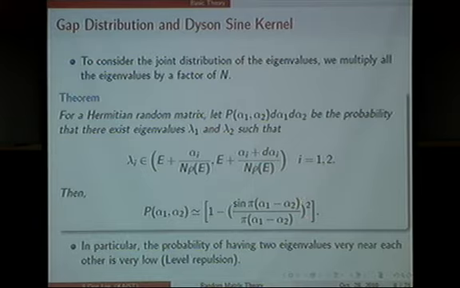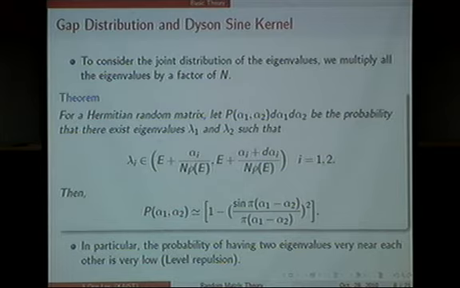In particular, if you have two identical intervals for alpha 1 and alpha 2, then alpha 1 and alpha 2 are the same numbers, so you have 1 here. 1 minus 1 is 0. So if you consider the probability of having two eigenvalues very near each other, it's 0. This phenomenon is known as level repulsion.